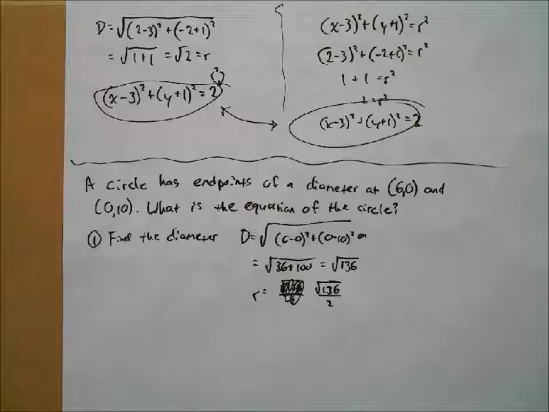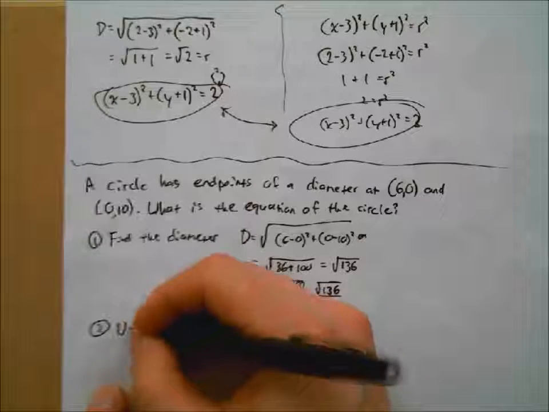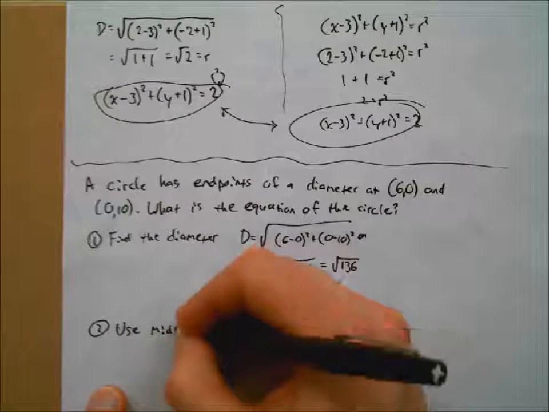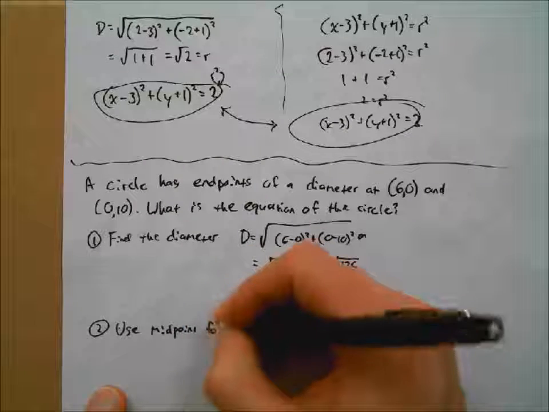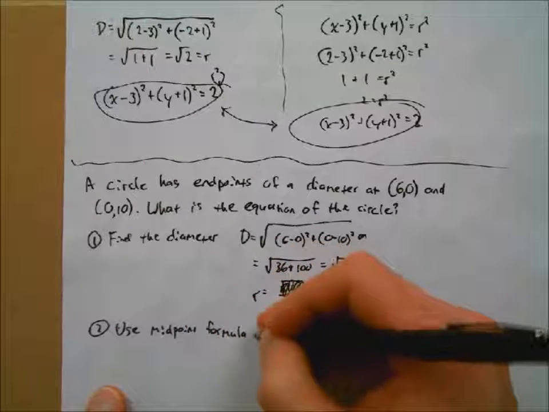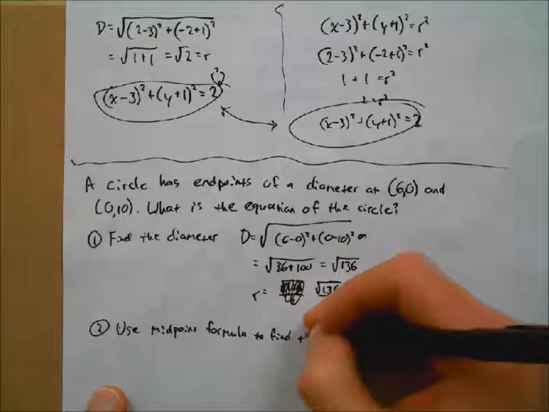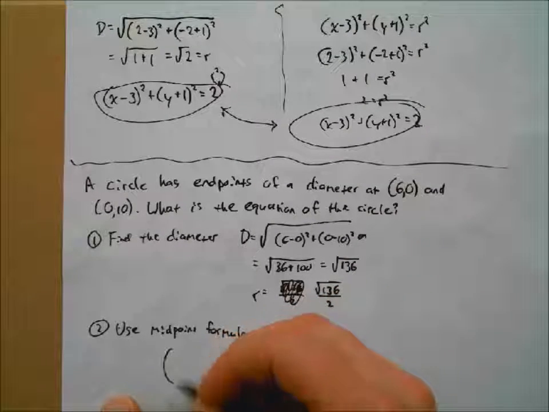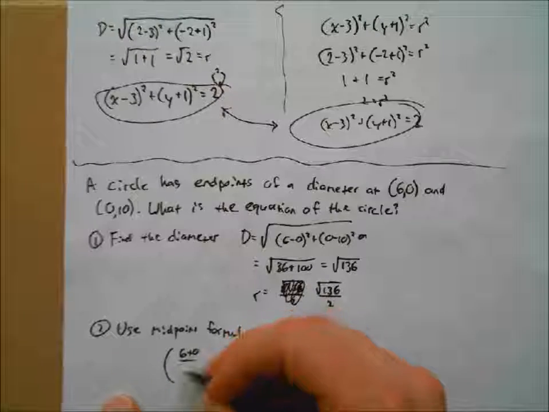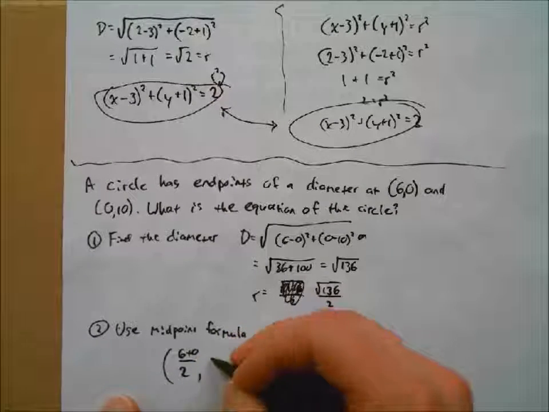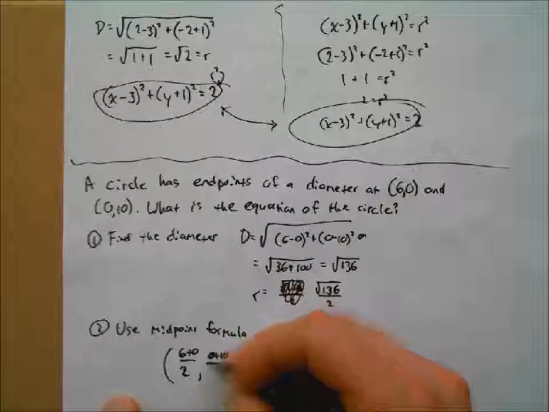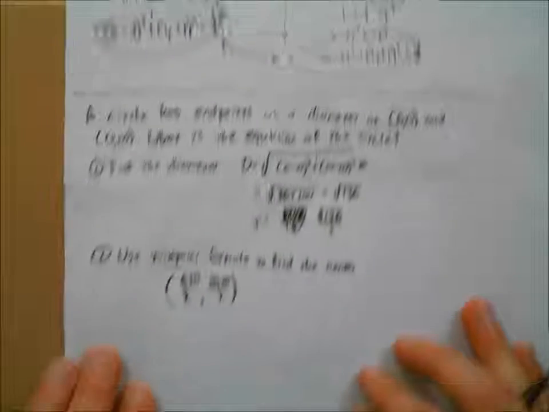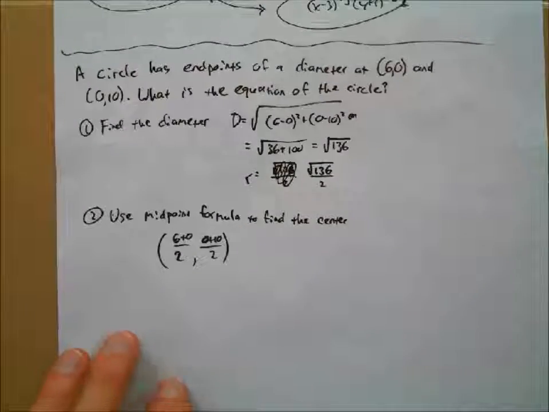Yeah, so we could use the midpoint formula to find the center. So we'll do 6 plus 0 over 2, and then 0 plus 10 over 2. Oh, I'm sorry. Thank you, Katie. Yep.